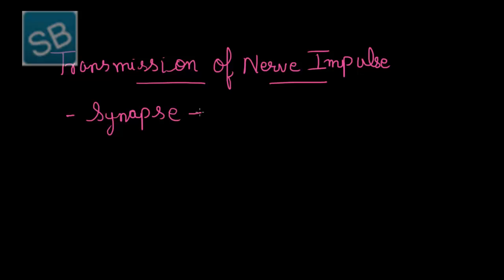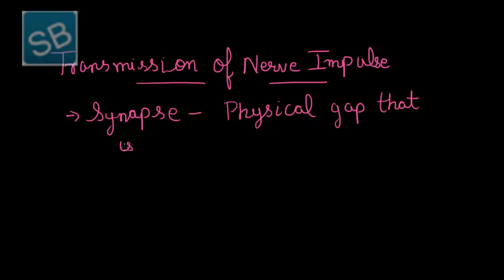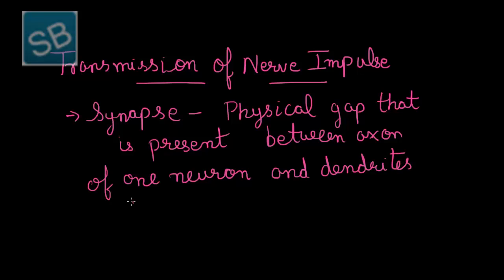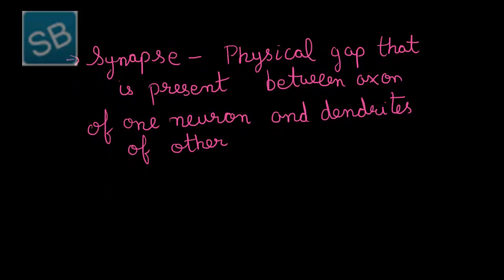As already discussed earlier, synapse is a physical gap that is present between the axon of one neuron and the dendrites of the other. This physical gap is of about 200 angstrom in length.